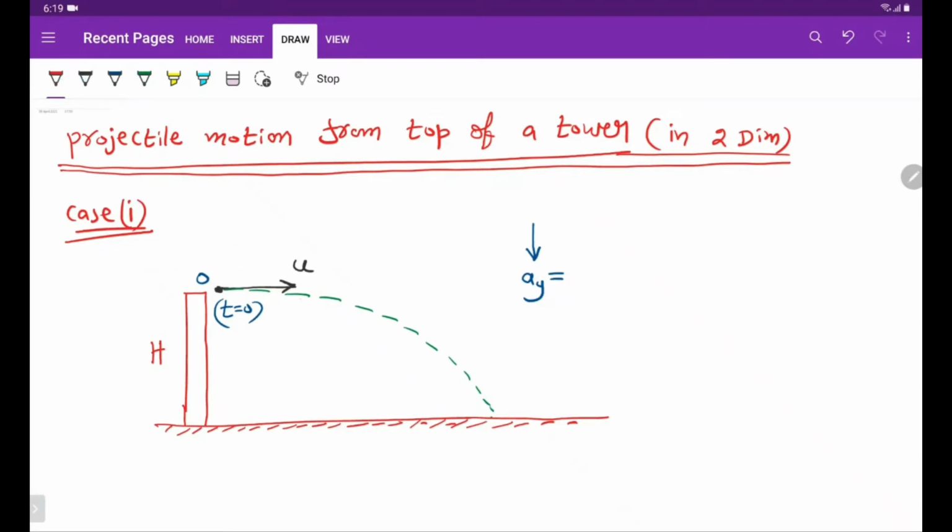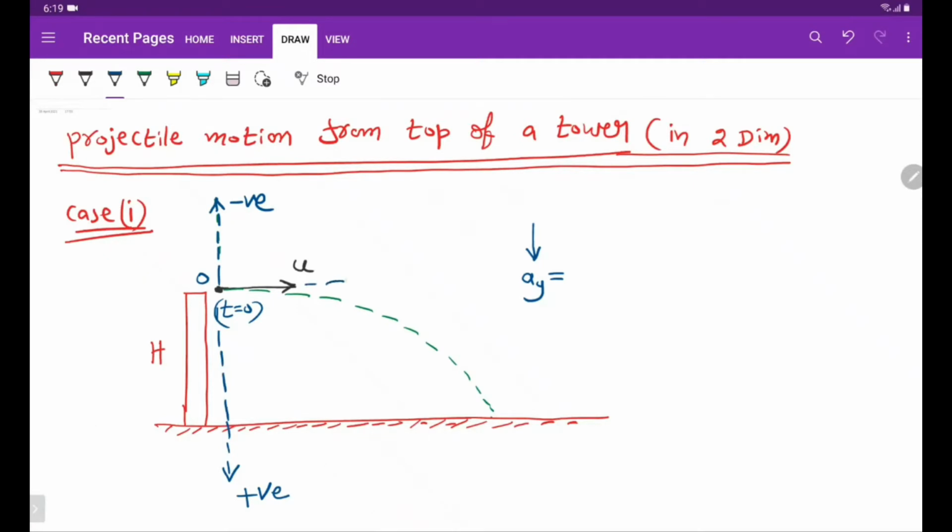Consider a coordinate system where upward direction is negative and downward direction is positive. The particle is also going right side. So take right side as positive and left side as negative.